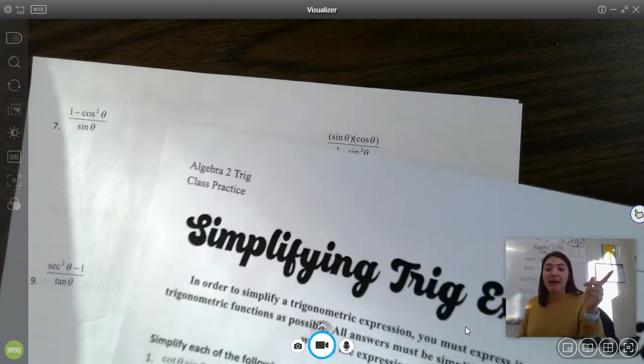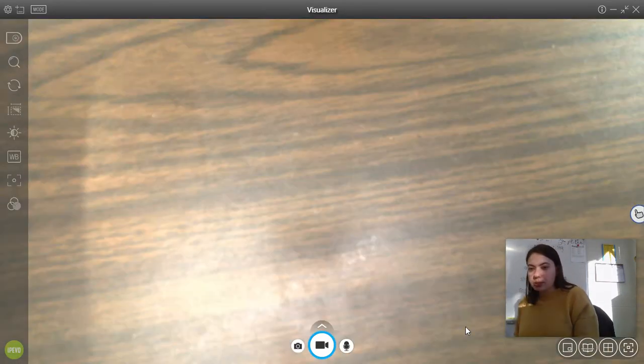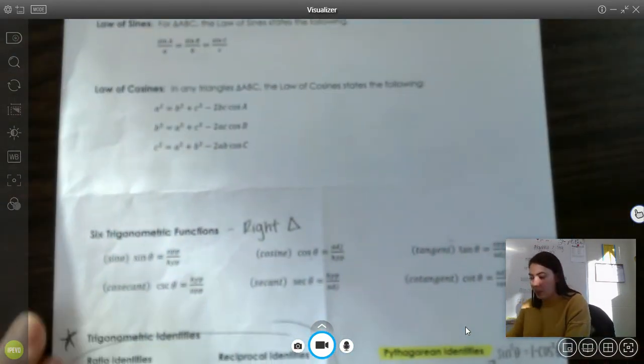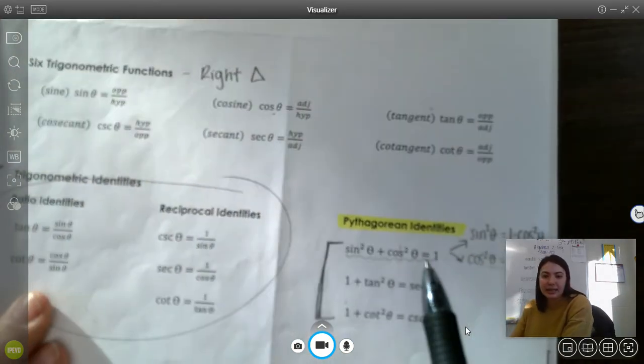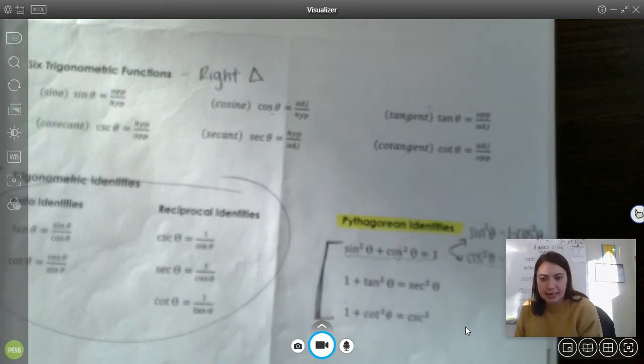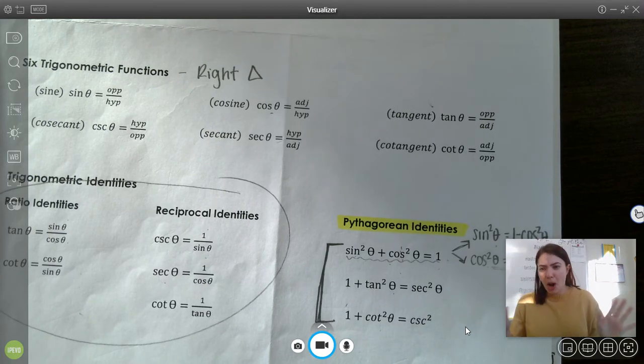We're going to save that for when I get back tomorrow in class, because if you notice, it deals with some trig functions that are squared. That's going to deal with these Pythagorean identities, which I highlighted, which we can use and manipulate just like the law of sines and cosines to work with what we're given. So let's just pause on that.